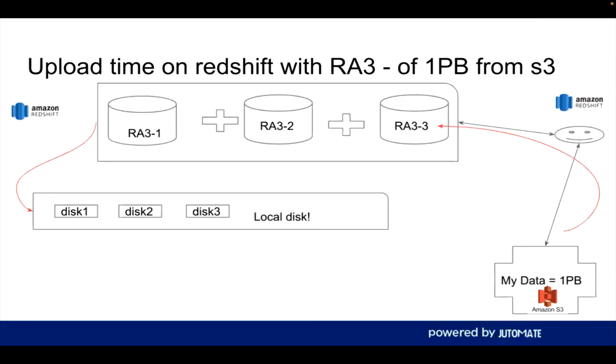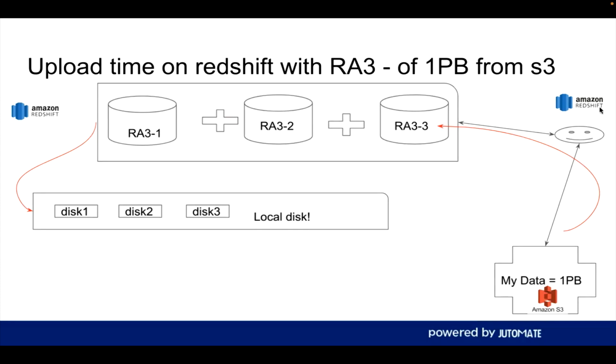When you use RA3 instances, you can have an advantage of using local disk, which is decoupled from the compute instances. So essentially, uptime and rebalance and scale up and down can be shortened compared to legacy nodes.